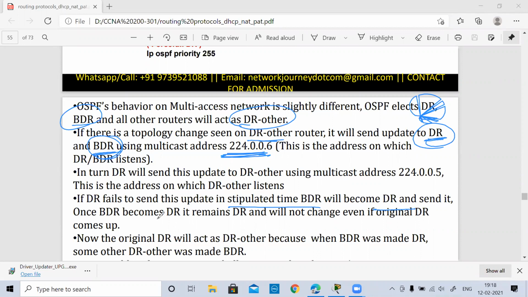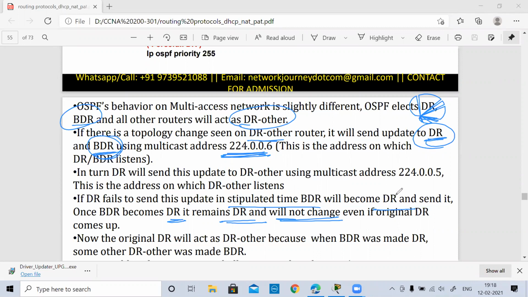Once the BDR becomes the DR, it remains the DR and it will not change even if the original DR has come up. So if the designated router fails, the BDR comes up, takes the authority, does the job, and it remains now as a DR. It will not come back to its position of BDR even if that previous DR has become active. So the original DR will now become what?